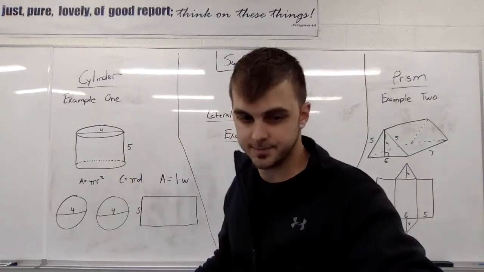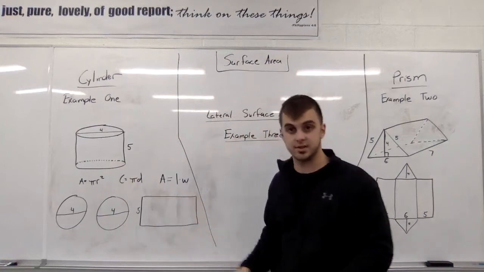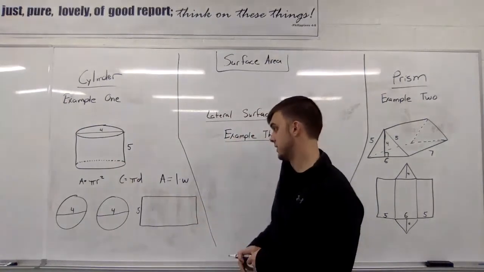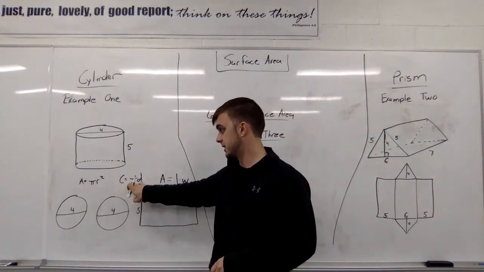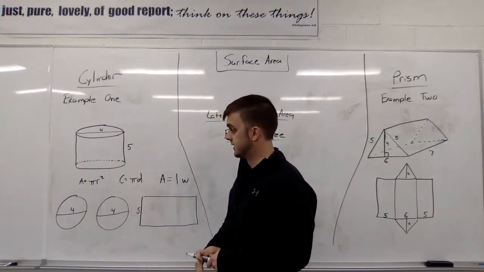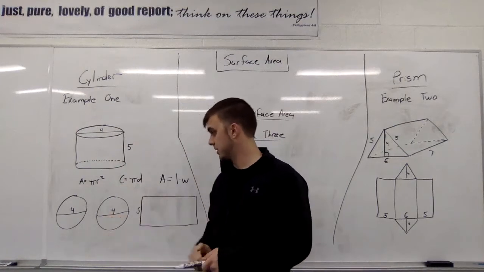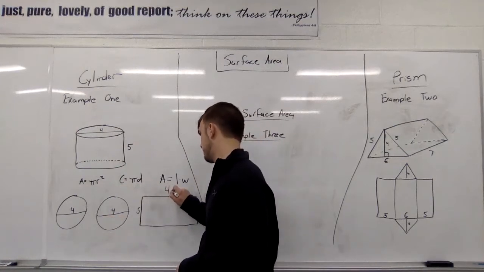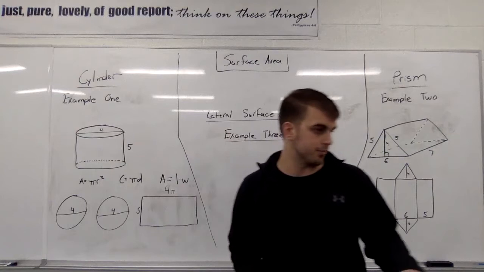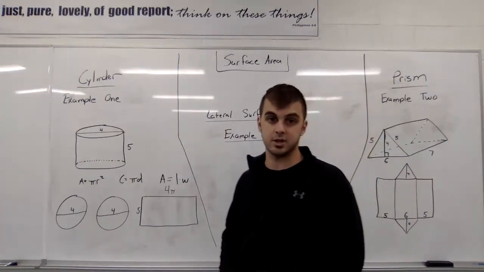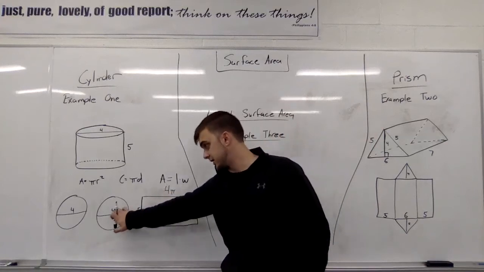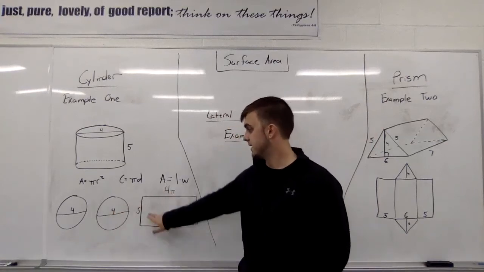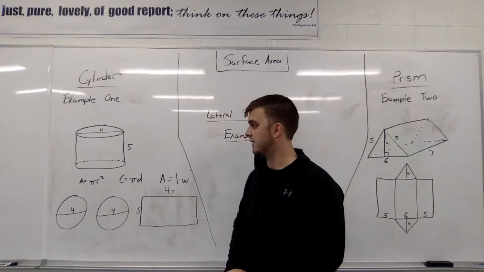It's circumference. So the length is actually the circumference of the circle. How do you figure out the circumference? Circumference equals pi times the diameter. So what is the diameter? Diameter is 4, so it's 4 pi. I believe for example 1, it just tells you to leave it in terms of pi, so don't actually multiply that. So 4 pi is the length, and the width is 5.